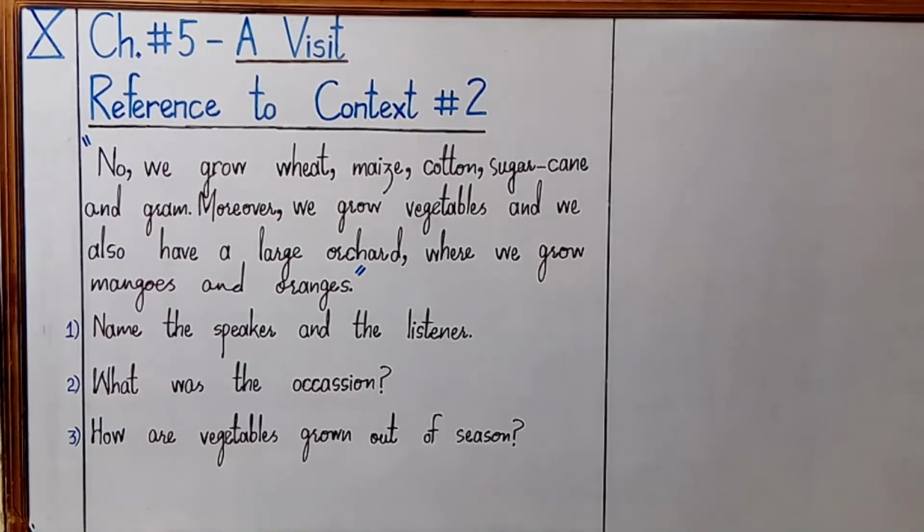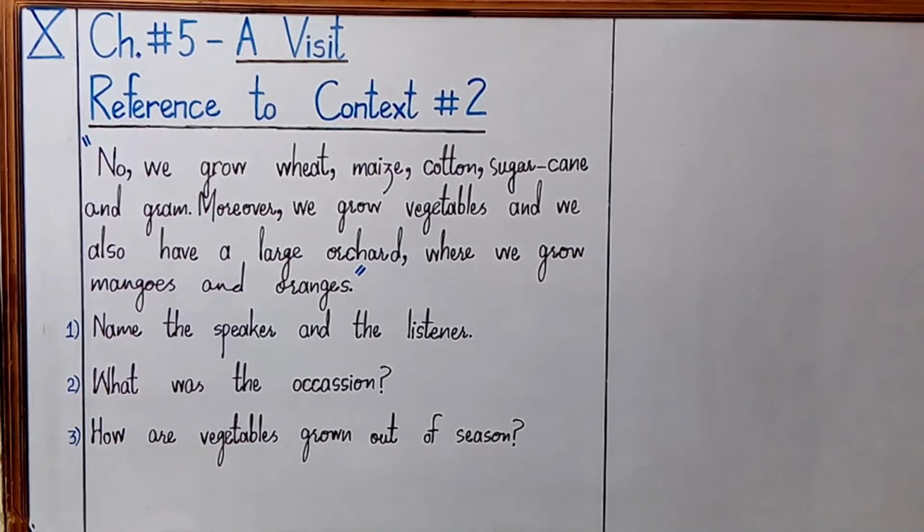This is the context, and the questions followed with it are: number 1, name the speaker and the listener. Here I would like to tell you that the word listener is in its singular form, which means you have to name the listener specifically being spoken to.